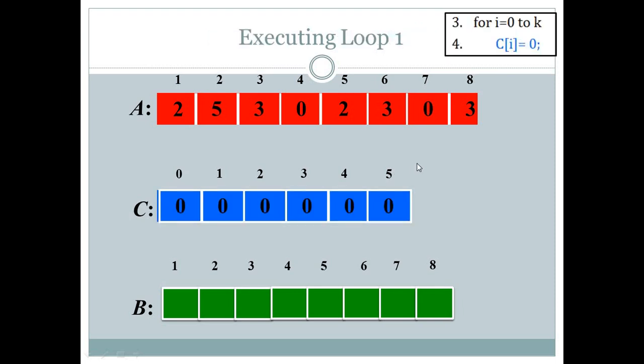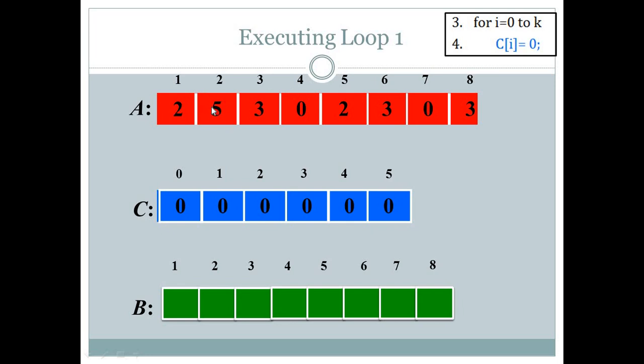For our first for loop's execution, our for loop is here in this corner: for i equal to 0 to k, C[i] equal to 0. Here we have a total of 8 elements, but our biggest number is 5.